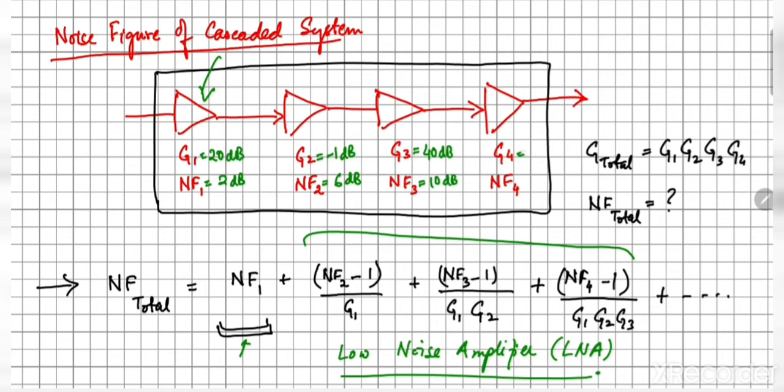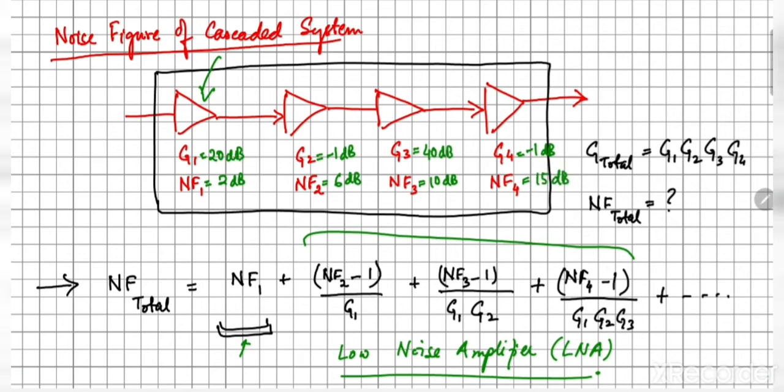Then we have the fourth block, which is again some filter of some moderate insertion loss of minus 1 dB and a noise figure of, let's say, 15 dB.